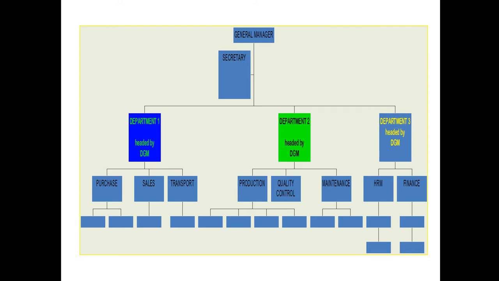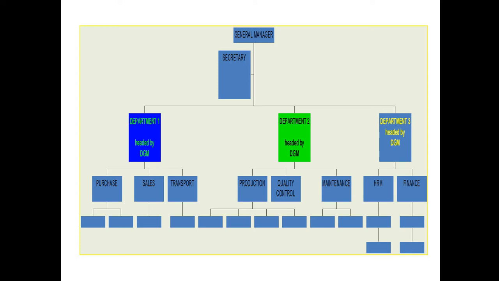Now these 3 departments must be put into a structure, which we call the organizational structure. So I have a general manager who is going to head this company. There's a secretary who reports only to the general manager. Then I have put in the 3 departments. They are going to be headed by deputy general managers. Can you see under department 1, I have put in purchase, sales and transport. Under department 2, I have put production, quality control and maintenance.